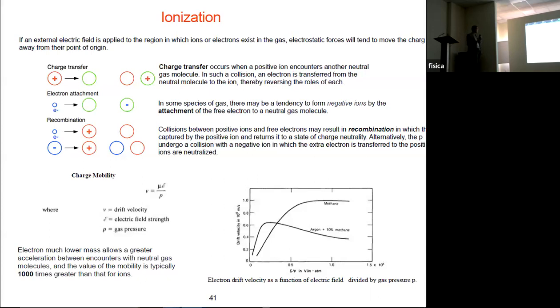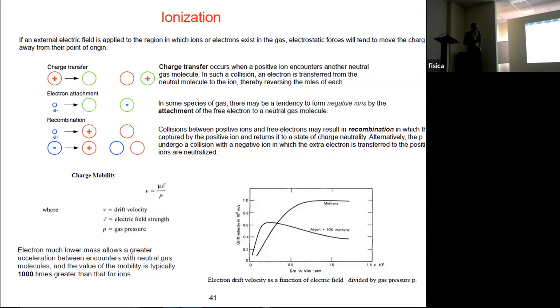Of course, when it's ionized, you have some number of electrons and the same number of ions. In order to measure the signal and collect these electrons and ions, you have to apply voltage in order to separate them.